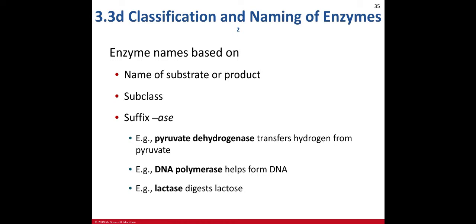Or something like DNA polymerase. So DNA polymerase is used to take our nucleotides and our sugar bases and put them together, so making polymers to make DNA. Lactase breaks apart lactose. So you can see how you got the ase at the end, but we're working on the sugar lactose.